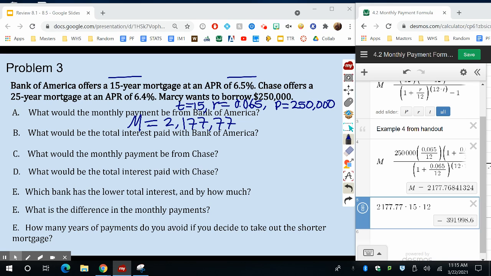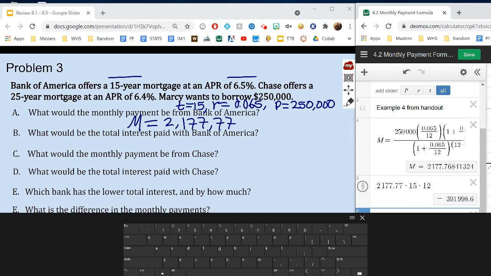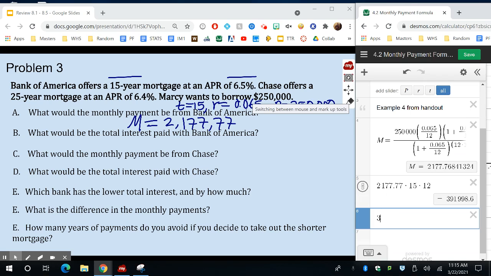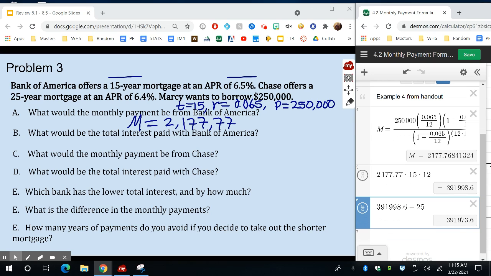Okay, and that is the total amount that they're going to pay. Okay, but before we answer our question, we have to subtract the principal, minus 250,000, and that gives me a total of $141,998.60.